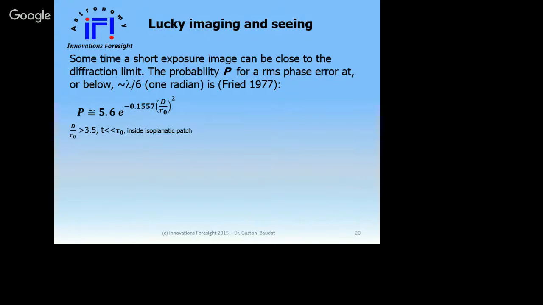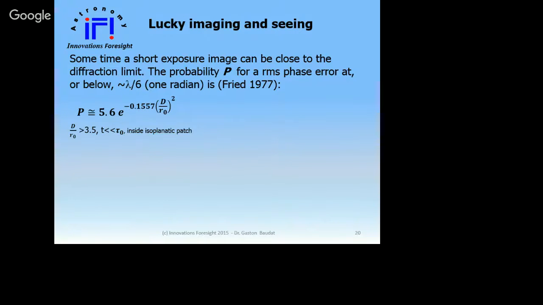The probability for this to happen was computed first by Fried in 1977. So the probability for the image to be within 1/6 of the wavelength is given by this equation. It's an approximation valid when D over r0 is greater than 3.5, and of course, the exposure time is smaller than the coherence time.